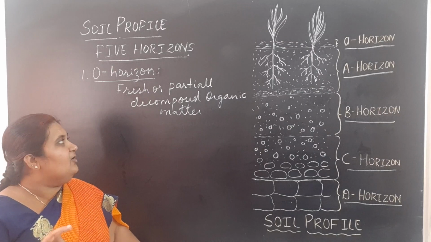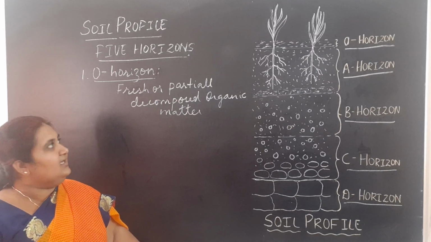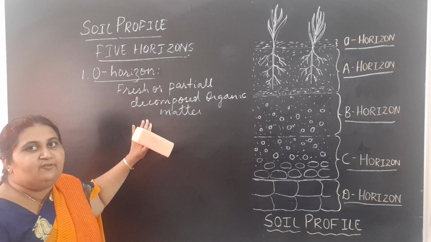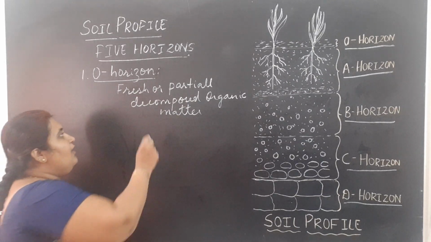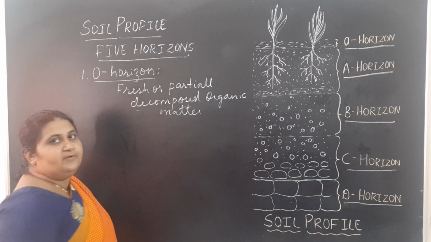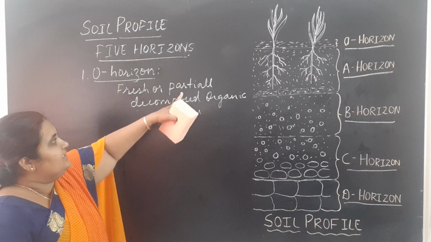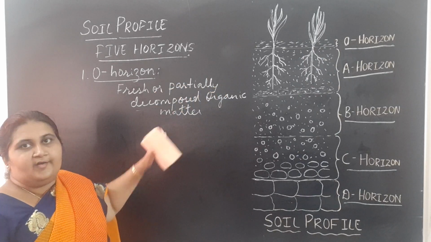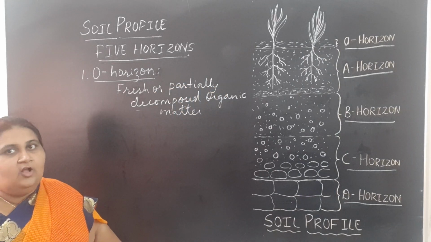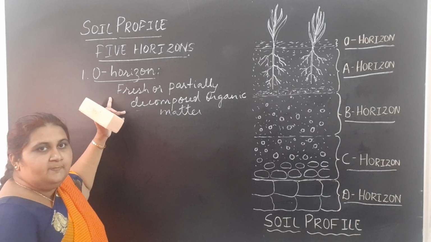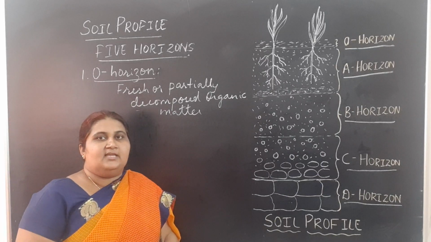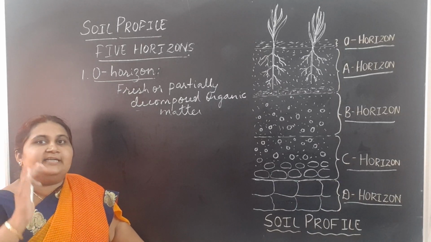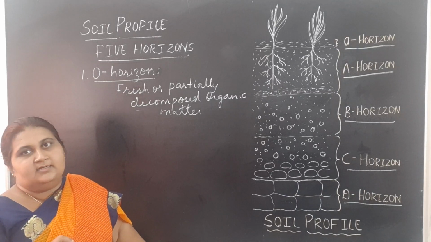It contains organic matter, which might be fresh or will be in the process of decomposition. So we are telling partially decomposed organic matter. O horizon is well developed in forest but less developed in deserts.